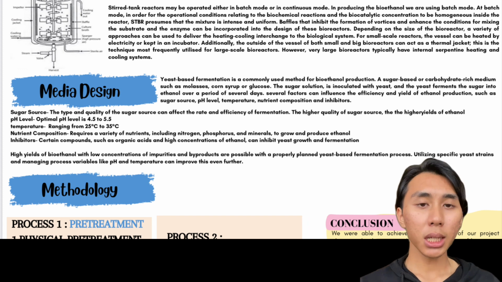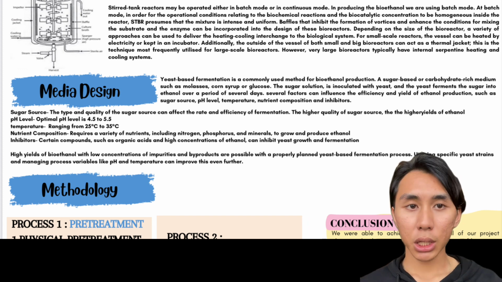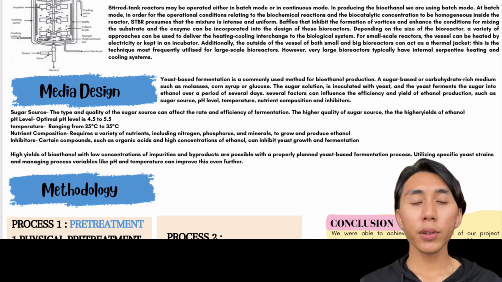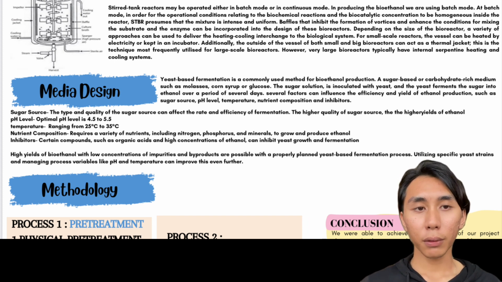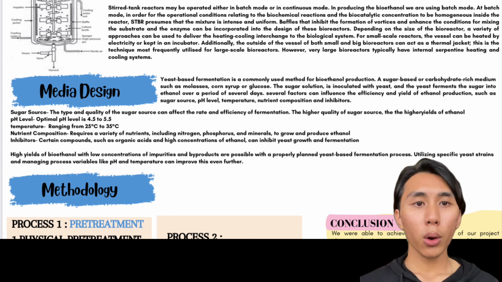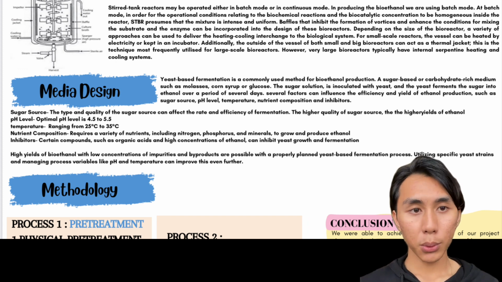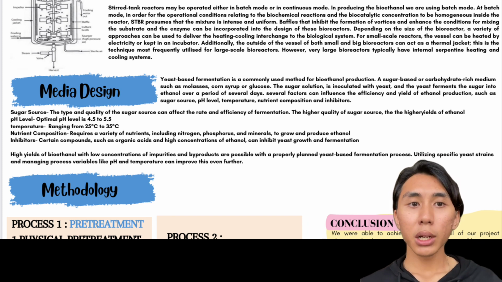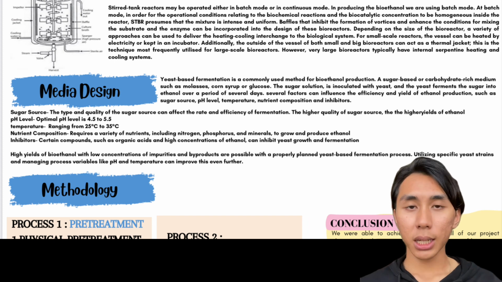As for the temperature, yeast-based fermentation typically takes place at temperatures ranging from 25 degrees Celsius to 35 degrees Celsius, with the optimal temperature depending on the yeast strain that is used. As for the nutrient composition, yeast requires a variety of nutrients including nitrogen, phosphorus, and minerals to grow and produce ethanol.